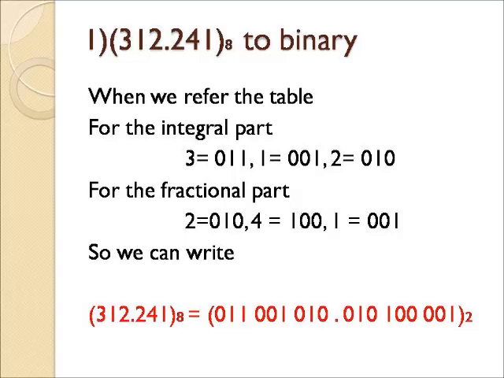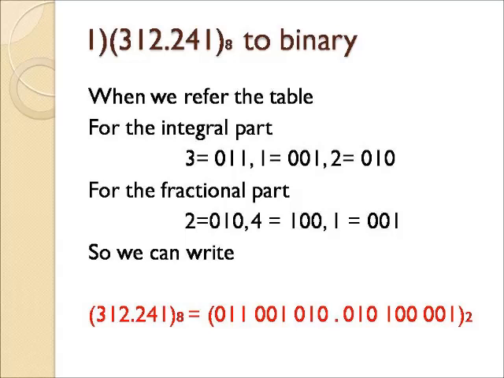Here you can see that we refer to the table we used first, for converting each digit of the octal number to binary. For the integral part, 312, corresponding to 3 the binary equivalent is 011, for 1 it is 001, and for 2 it is 010.